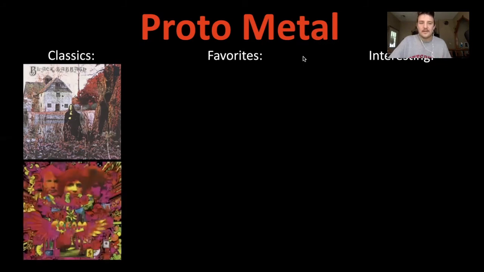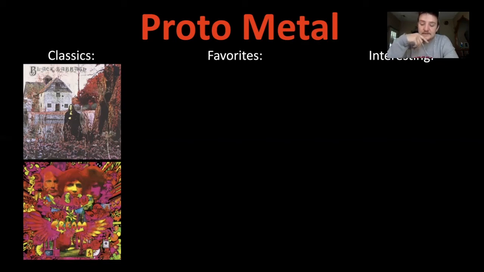And then secondly, I want to recommend an album by Cream called Disraeli Gears. It's another one where distorted guitar is super prominent, and it's the legendary trio of Eric Clapton on guitar, Ginger Baker, and then Jack Bruce.